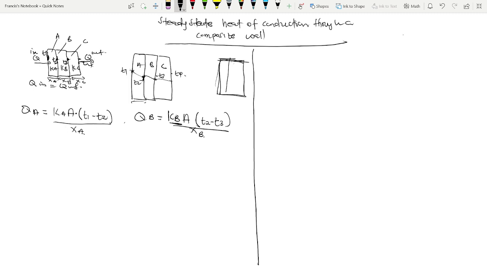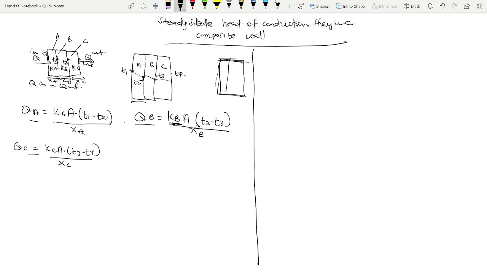So the area can be the same, but the materials are different, and the thermal conductivity depends on the material used. And our QC now becomes KC A multiplying T3 minus T4 all over XC. Now this is the heat transfer through wall A, heat transfer through wall B, and heat transfer through wall C.